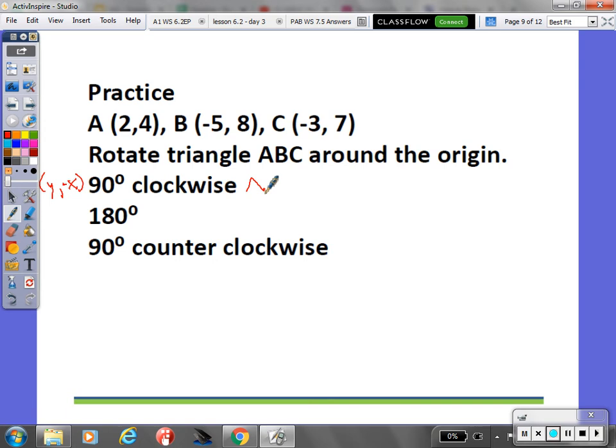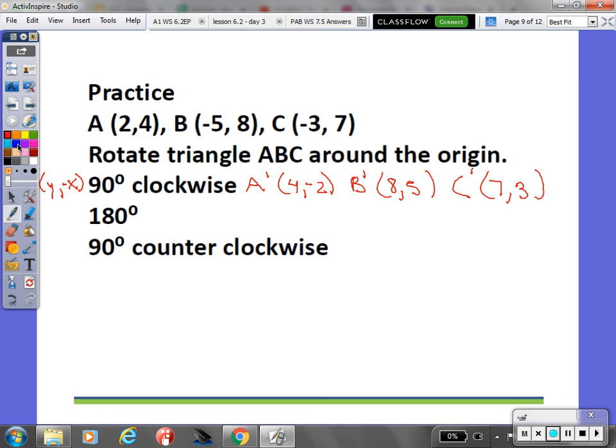So our A prime, we flip-flop, so the X becomes the 4 from the Y, and then the opposite of our 2. Our B prime would be 8 comma, now the opposite of that X value would become a positive 5. And C prime, the Y coming first is 7, the opposite of that X value would be a positive 3.